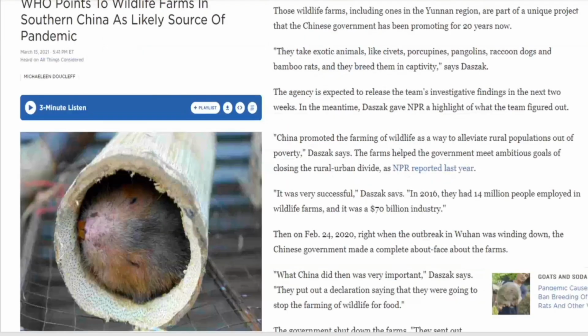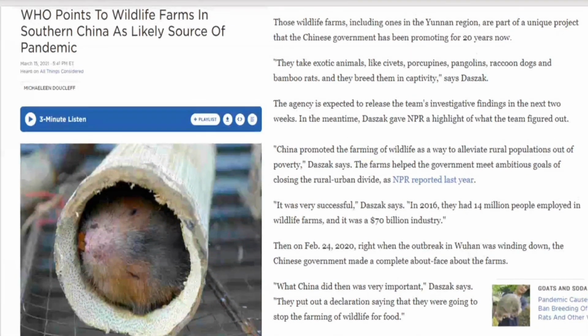I'll skip through that. Okay, so now towards some of the final concepts here. Just wanted to talk about this. The WHO just recently published this article, March 15th, pointing to wildlife farms in southern China as a likely source of where this all started, right?